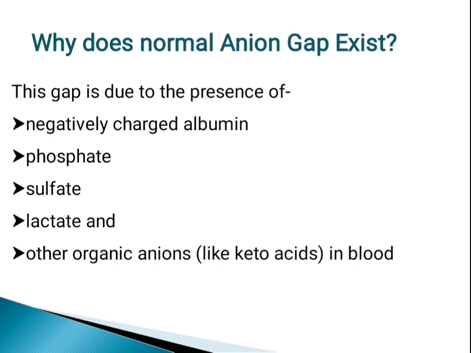We can measure the total albumin level of our serum, but we cannot separate which albumins are negatively charged. Other anions are phosphate, sulfate, lactate, and some organic anions like keto acids in blood.